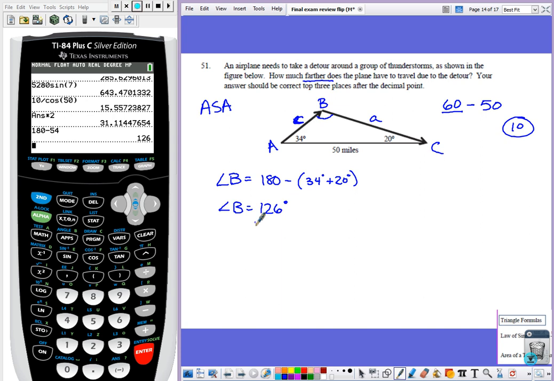How is that helpful? Well, in order to use the law of sines, I need to know an angle and its opposite side. So I can go sine B over B, sine 126 over 50. This over this is equal to the sine of that over that.